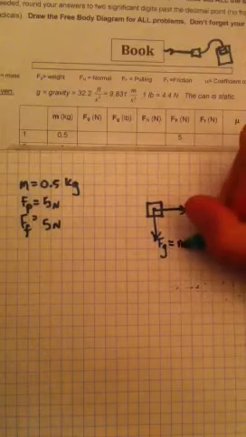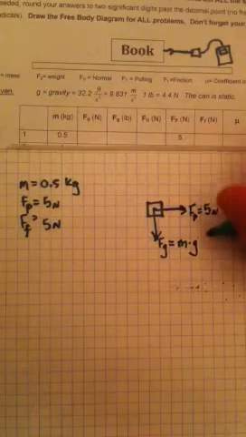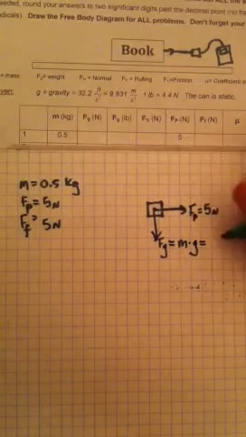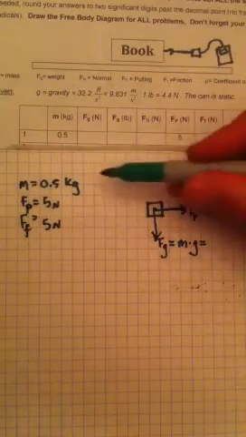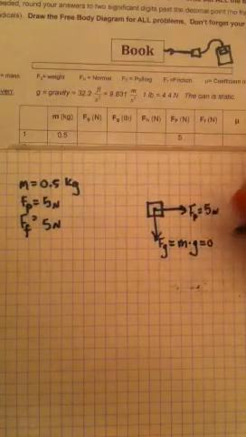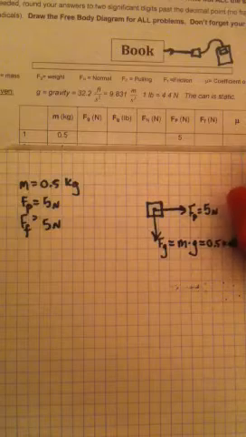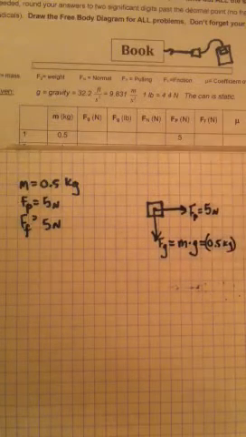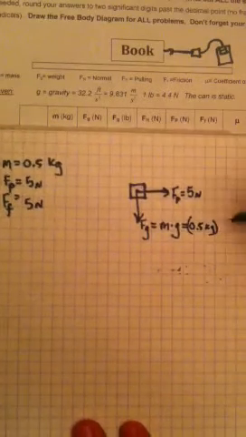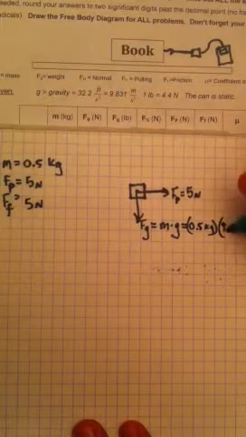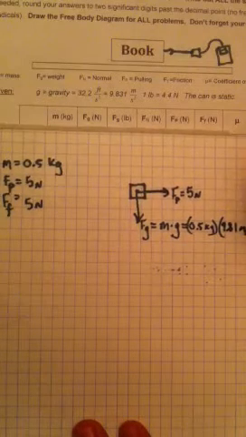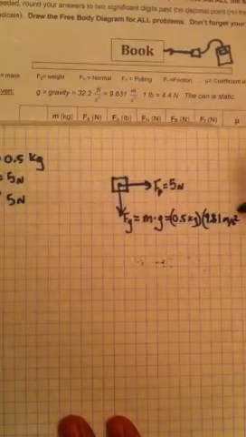The way we do that is the mass times the acceleration due to gravity. In this situation, our mass, so we look right up here, 0.5 kilograms times 9.81 meters per second squared.